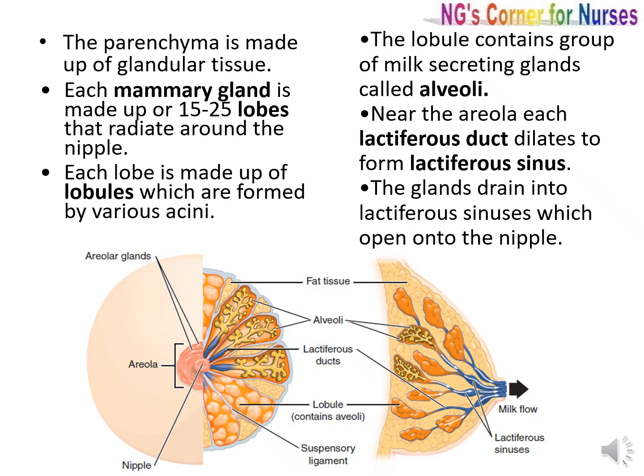The lobule contains group of milk secreting glands called alveoli. And near the areola, each lactiferous duct dilates to form lactiferous sinus, and the glands drain into the lactiferous sinuses which open onto the nipple.